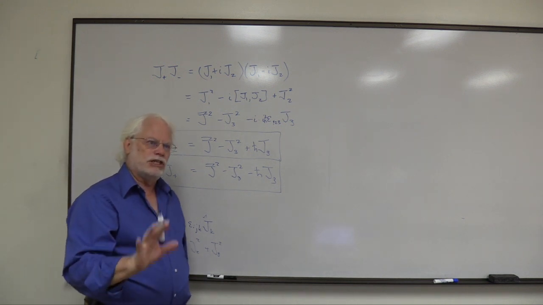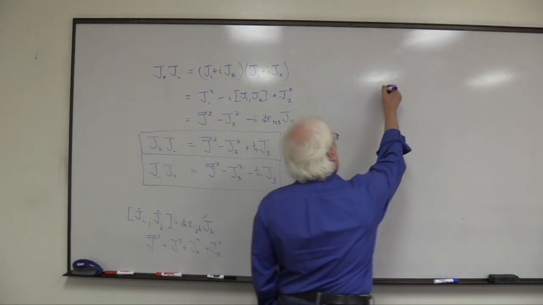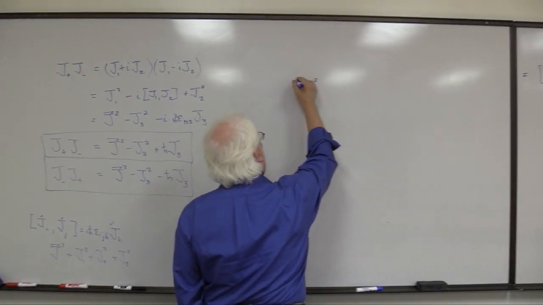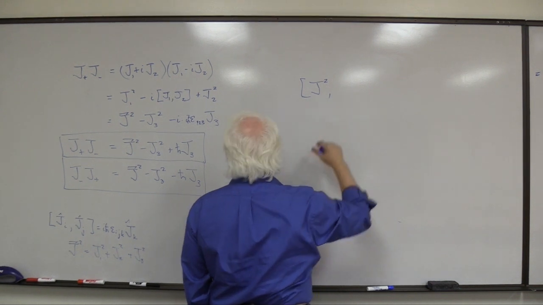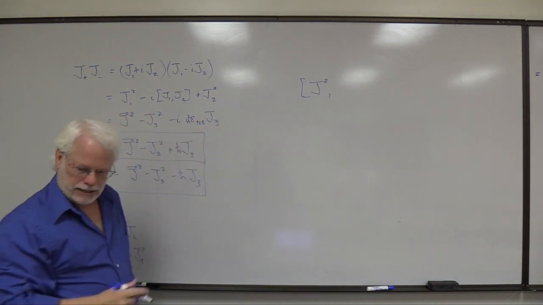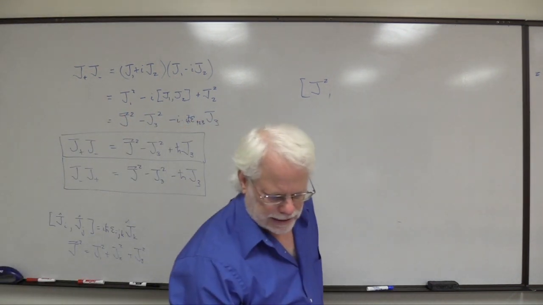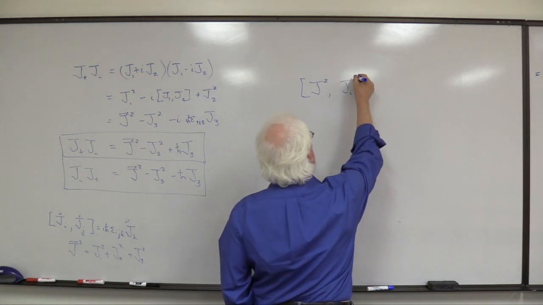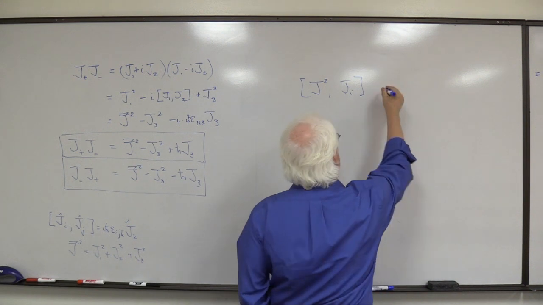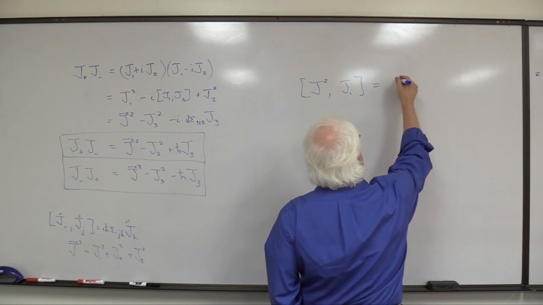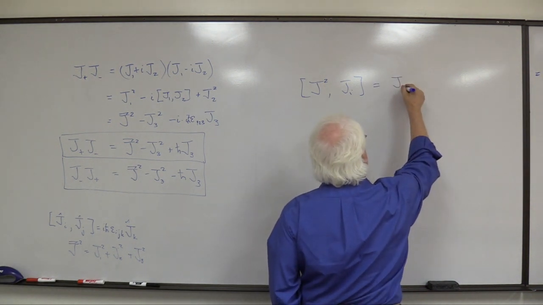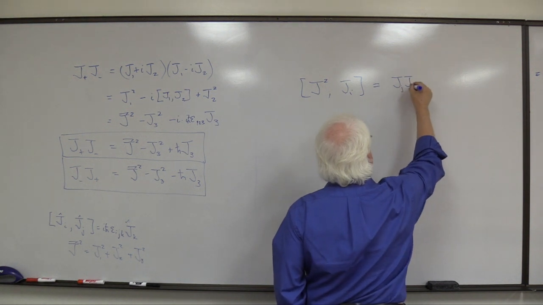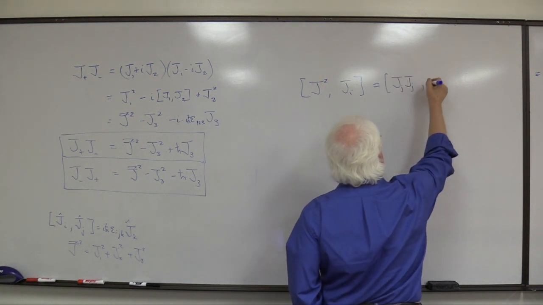Let me just quickly show that. So if I have J squared with, it doesn't matter which one I pick, J1, J2, J3, let's just do J i, and any of the three. Then this is a sum on j. So let's write J squared this way.